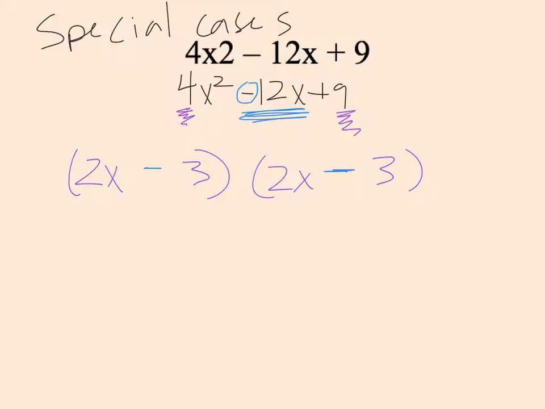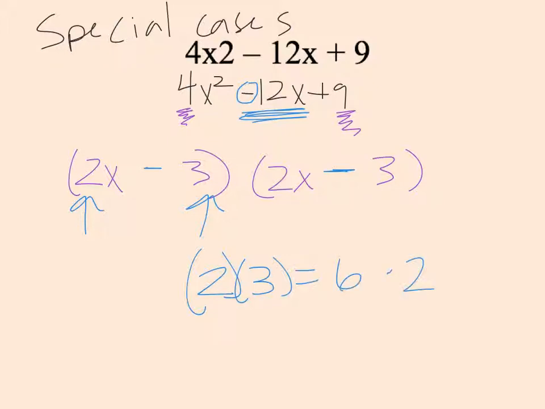You want to make sure that this is correct. How do you make sure that this is correct? This would be like your A value, and this is your C value. So I take my 2 times 3, and I always have to multiply this number, so this would be 6, times 2, because they would give me two middle terms. When you're foiling, you have your outside and inside. This is equal to 12, so that checks out because that would be my middle term.